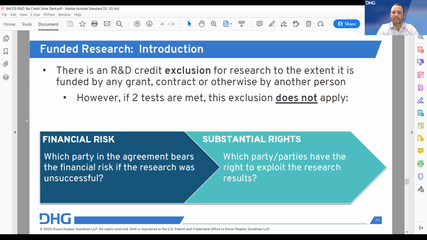The first test, and the one that is much more important, is called financial risk. So this is where, if you're looking at the agreement between the customer and you as the taxpayer, if you are unsuccessful in your R&D work, will you get paid, or will you have to repay payments made to you by the customer, or will you have reductions in the payments from the customer?